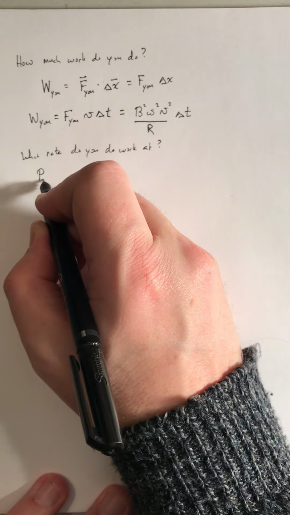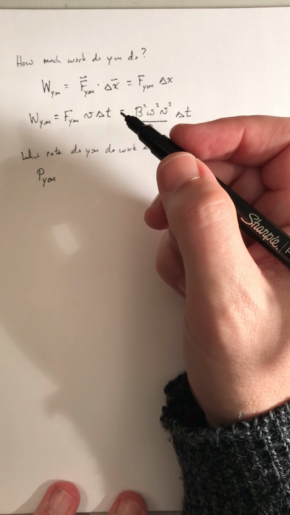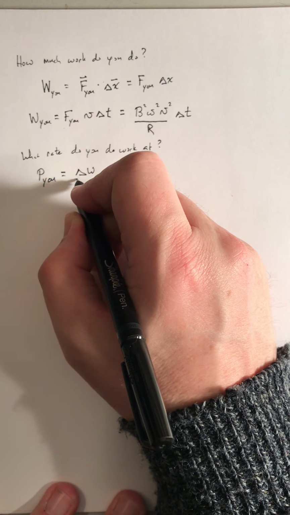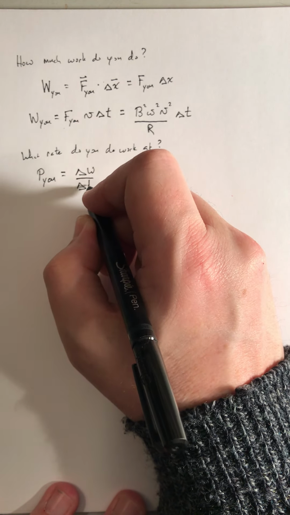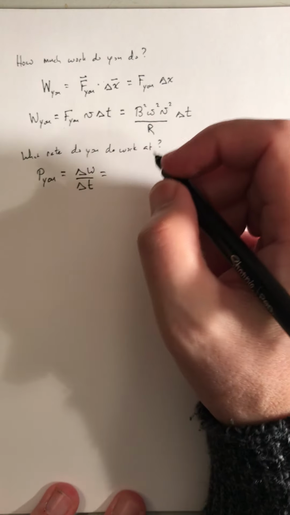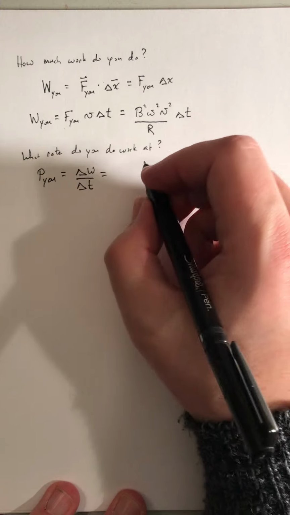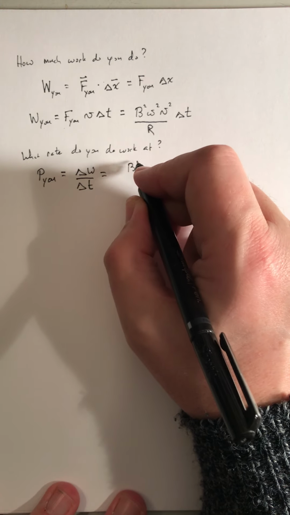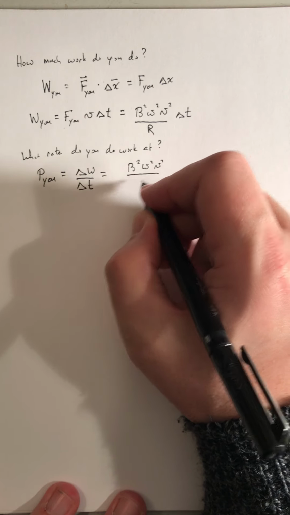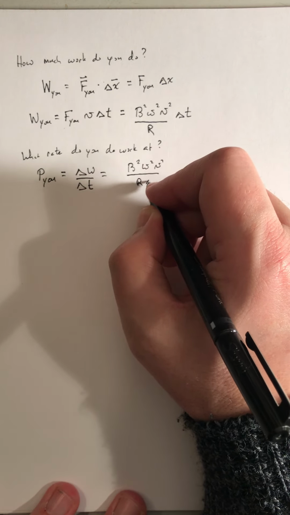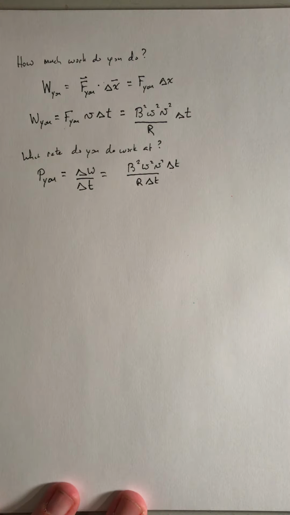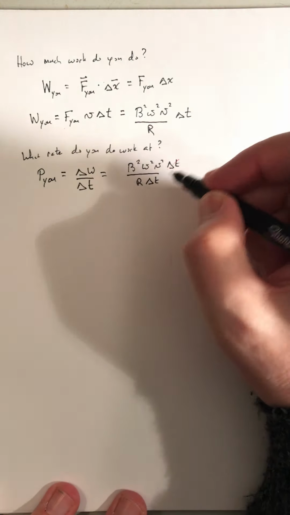So the power you are exerting, and we just found that, is B squared W squared V squared over R, times delta T, over a delta T in the denominator, so that cancels out.